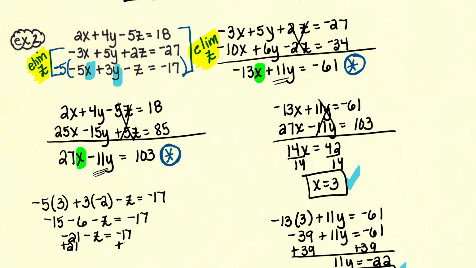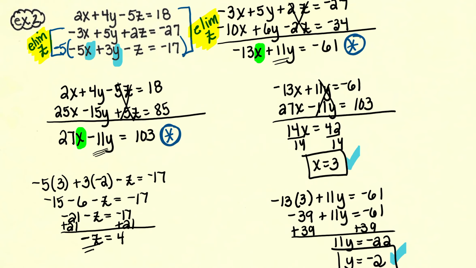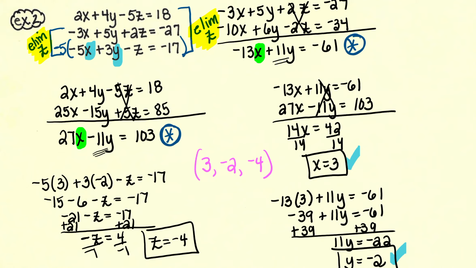Add your 21 over. Then negative z, make sure you keep your sign with your number. Don't lose that sign. So negative 17 and 21 is 4, but then I will divide by negative 1, and z is negative 4. And we can write that as an ordered triple, x, y, and z. Don't forget, if you want to check, you surely can.